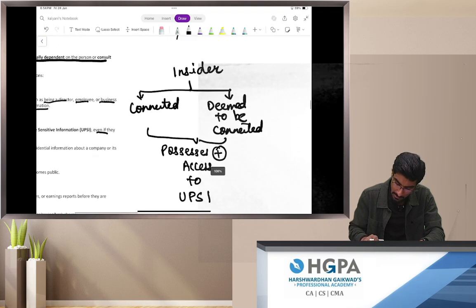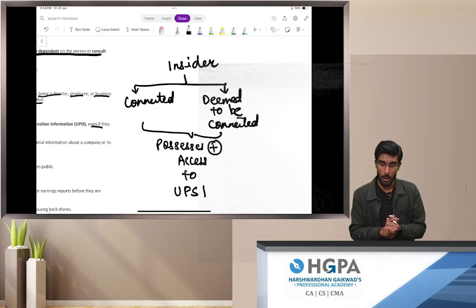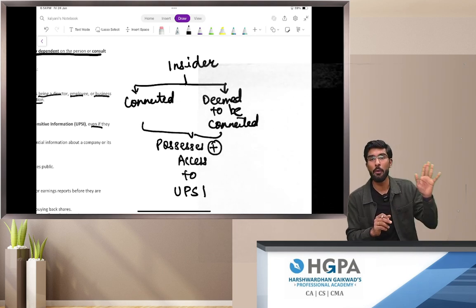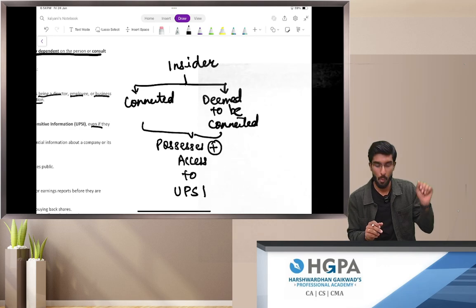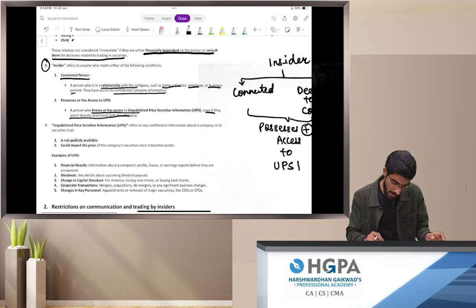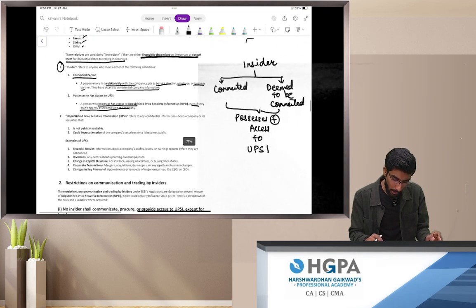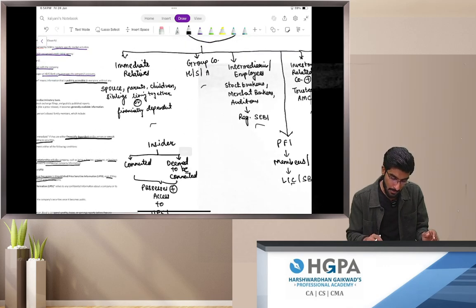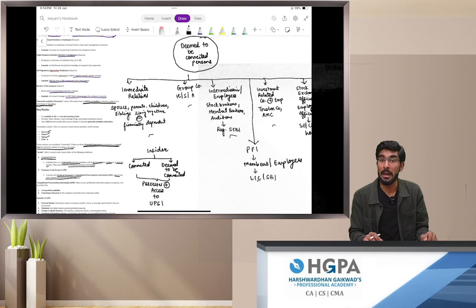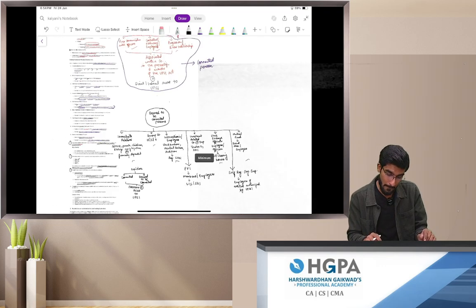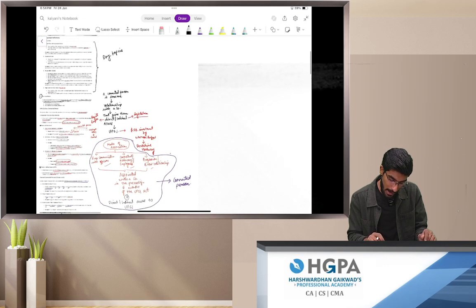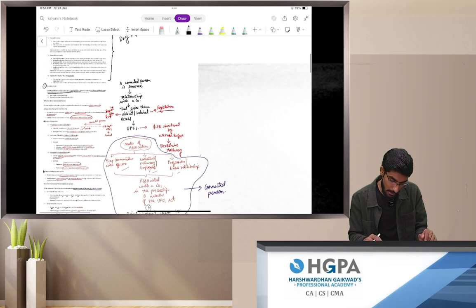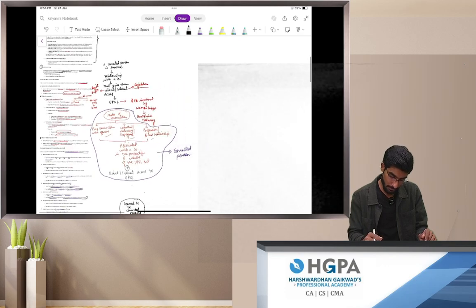Are we clear, people? Are we clear? You can take a quick screenshot. 5, 4, 3, 2, 1, bam. Okay. All right, people, we have learned till now the definition part. We have learned who is an insider. We have learned who are connected person, who are called as deemed to be connected person, what information is called as UPSI, and yeah, we have learned this till now.